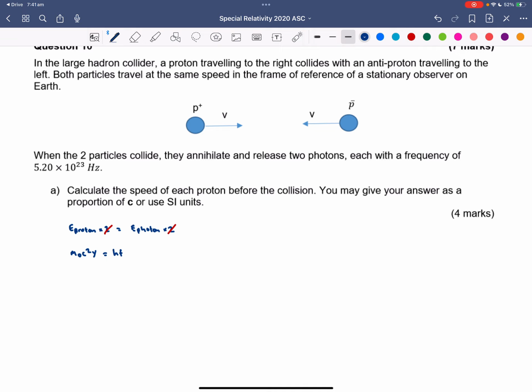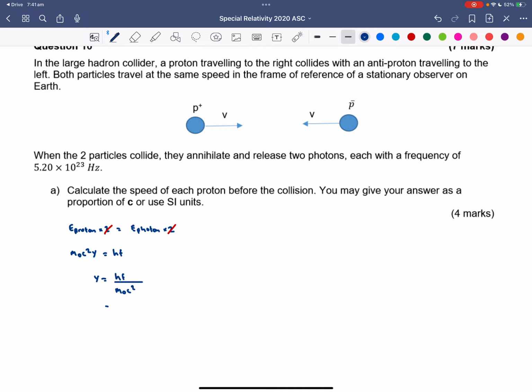So effectively, I'm just going to solve for Lorentz first. There are lots of ways of doing it. You can solve for Lorentz first, or you can solve for the velocity straight away. Completely up to you. What's going to be the easiest way? The easiest way for me is letting Lorentz equal hf divided by m0c squared. I'll do that first.